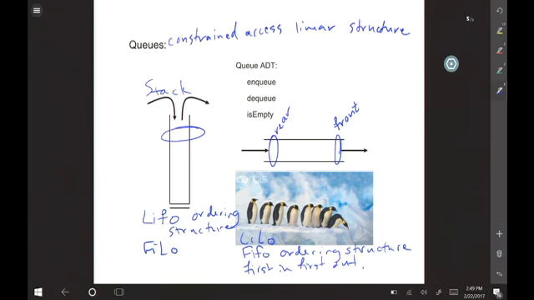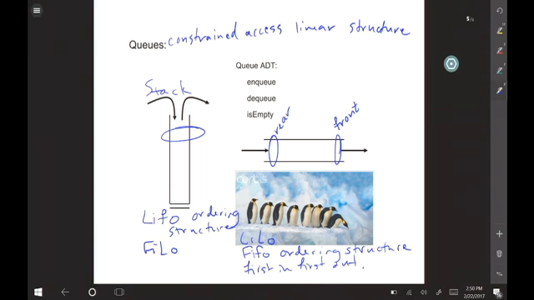There's one more issue, and that is why do we have these constrained access structures? Why are we constraining the access? The reason is we're doing the users of our class a favor by providing them only the functionality that they need.